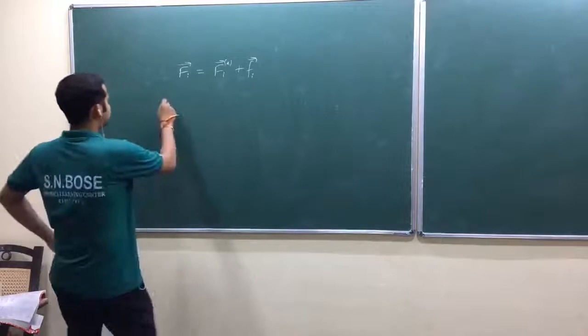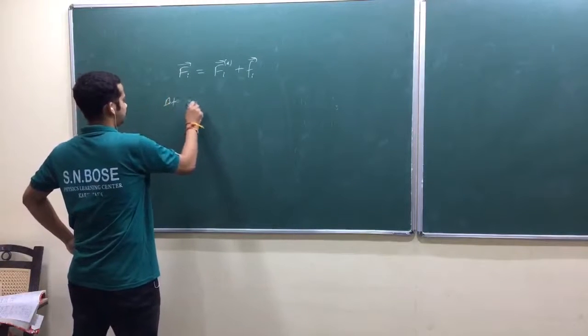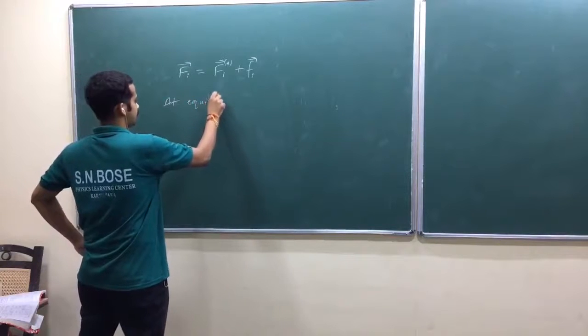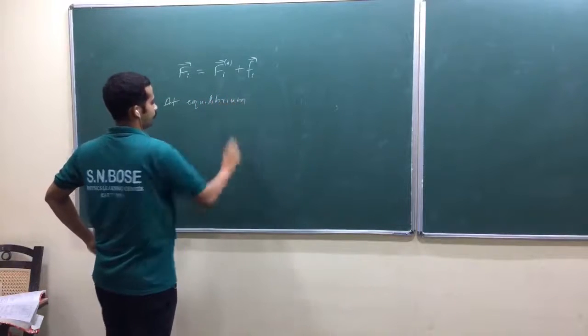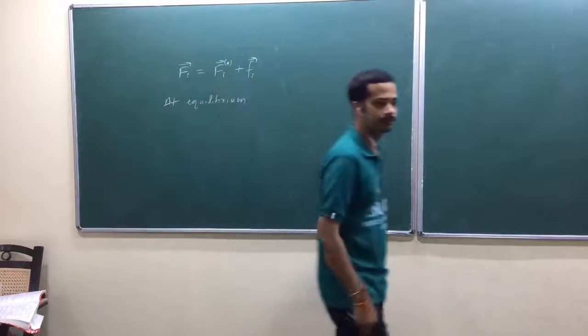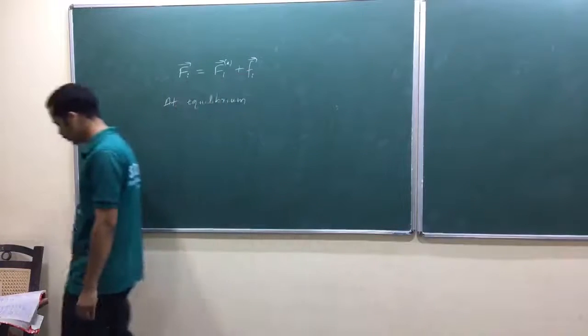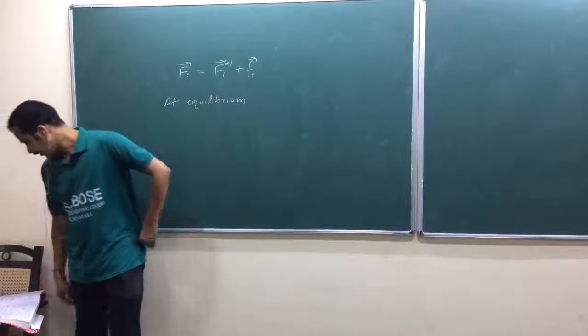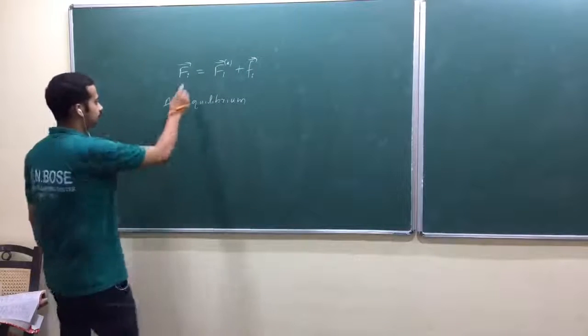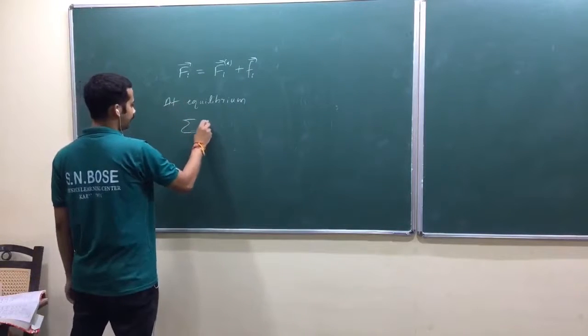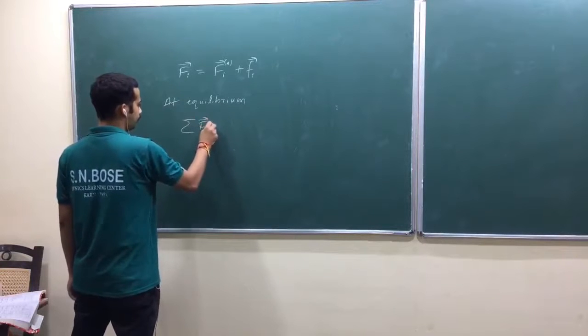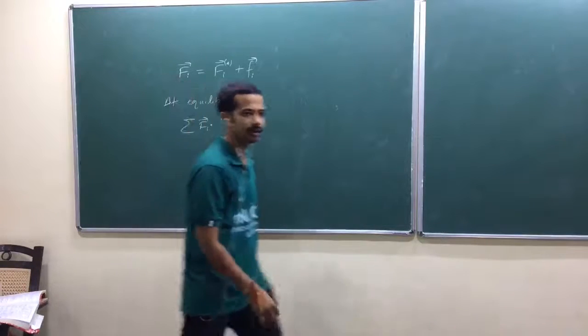Look at here, at equilibrium, what would happen? What do you mean by equilibrium? Net force equal to 0, am I right? Net force equal to 0 is the equilibrium situation. Since net force is 0, work done is also 0.